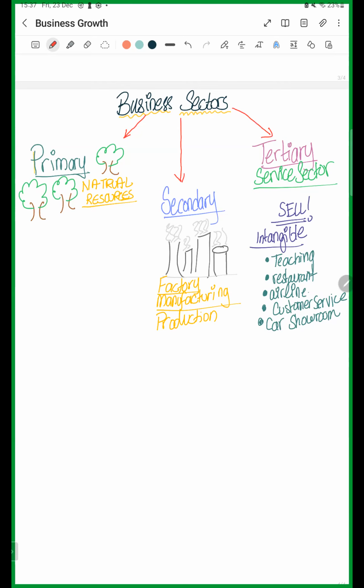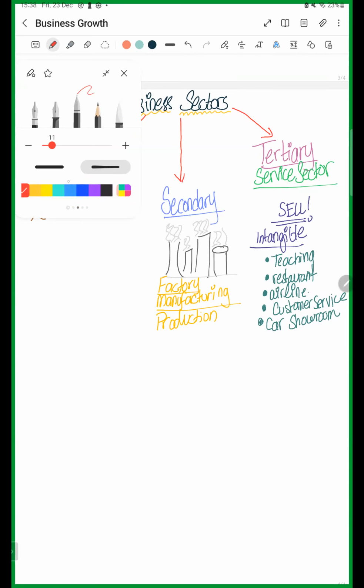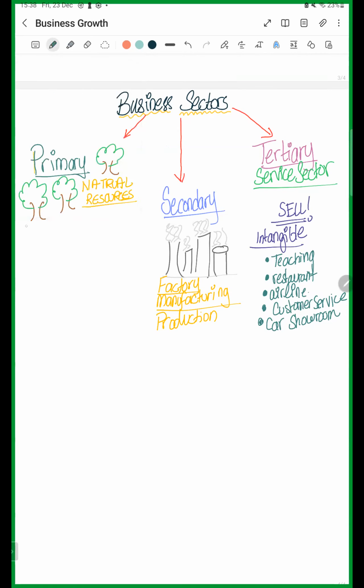Yes, I'm done writing. Okay, what did you write for primary? I wrote farming. Okay. Farming. Then for secondary, I have to write more than one or just one? It's okay if you can think of more, go ahead. There's also fishing and mining.